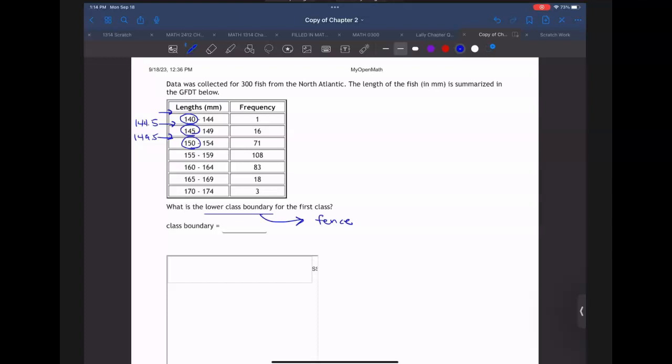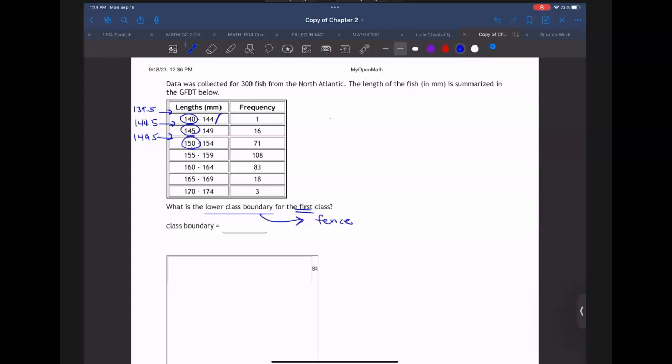So working backwards, right before 140 would be 139.5. So that would be the lower class boundary for the first class. If I wanted the lower class boundary for the second class, that would be 144.5. So just be aware, make sure you're not included in any of the class ranges. You're what's separating one from the next.